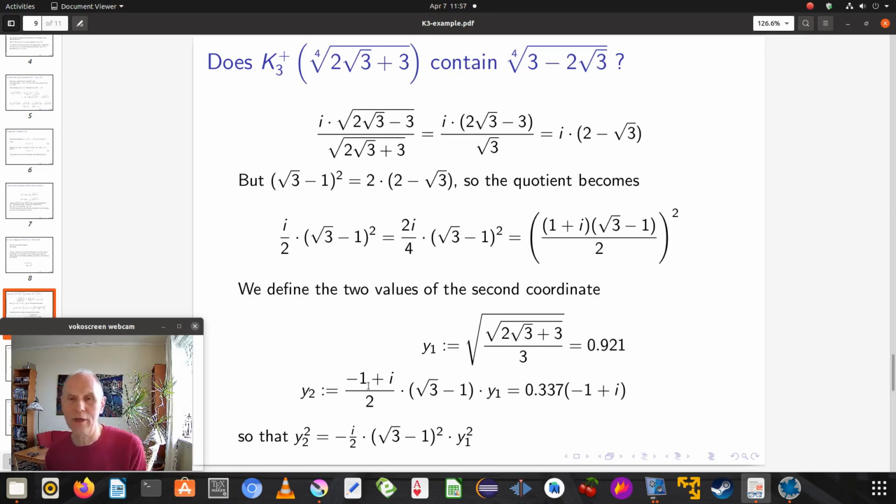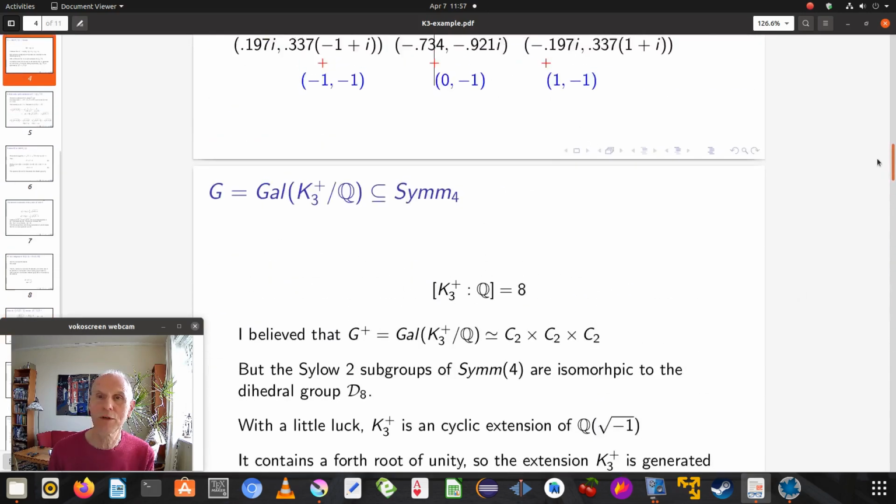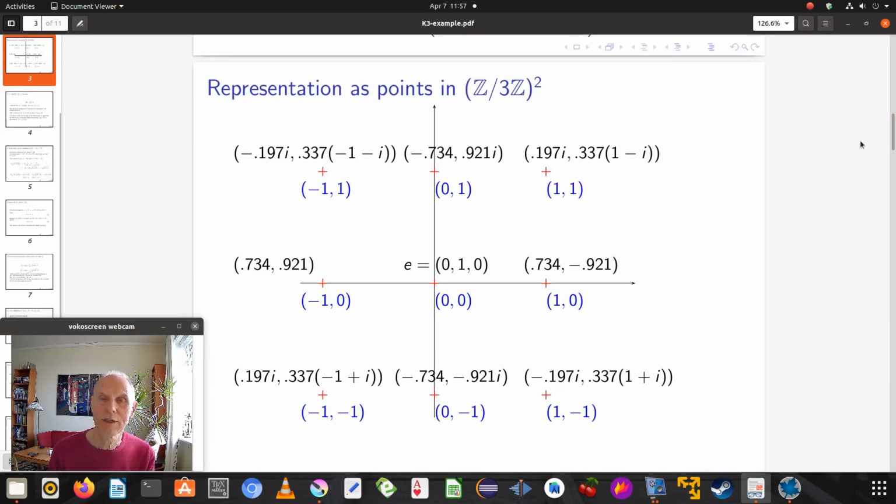Actually, I want y1 to map to y2, so we have x1 maps to x2, so we have to go up to our points here and see we have x1 here. This guy maps to x2, which is here and here.